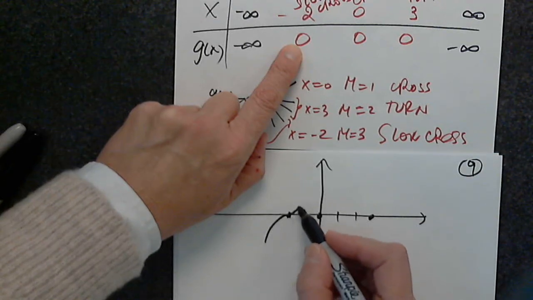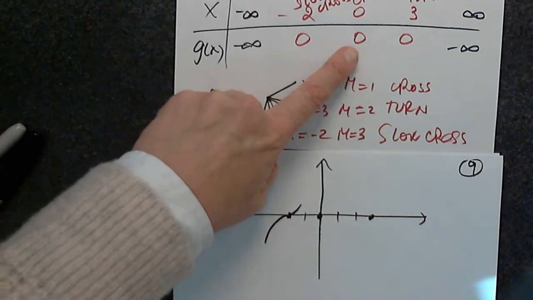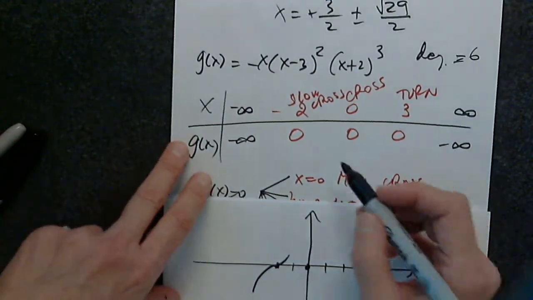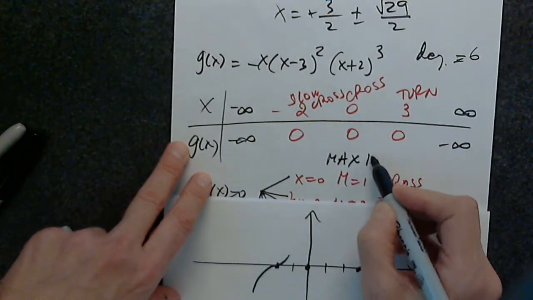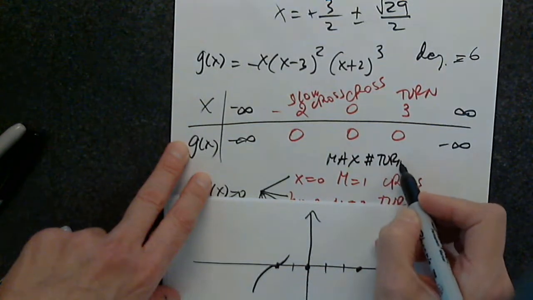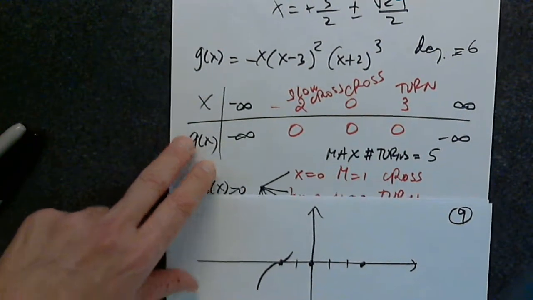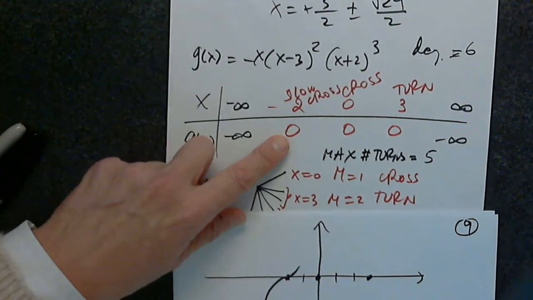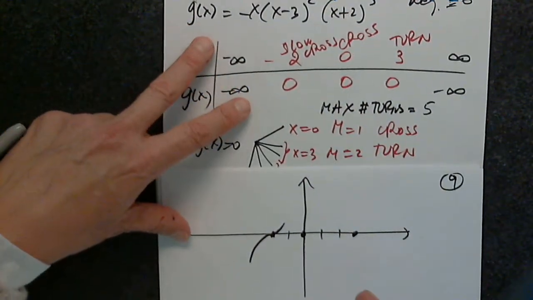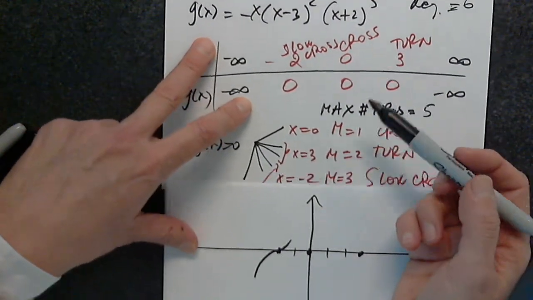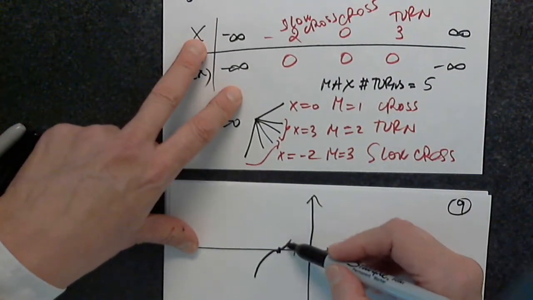Cross slow. It has to come back. Oh, I forgot to ask you, what is the maximum number of turns possible? Exactly, not more than 5. Very good. So it crosses at negative 2, 0 slowly. It has to come to a maximum because it comes back and it crosses again, this time straight.